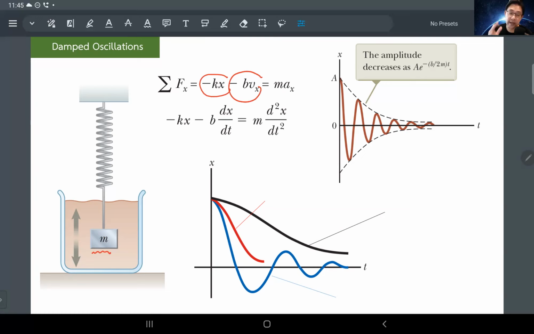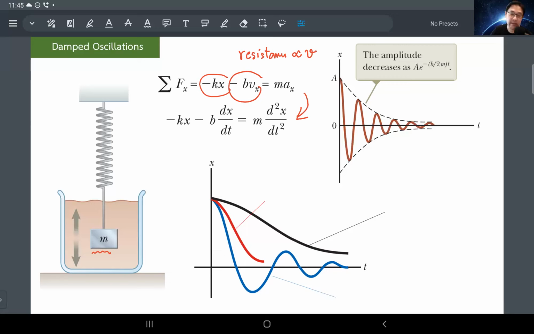And one term that they are pretty much interested in is the resistance that is proportional to the speed or the velocity of the mass. And this makes this equation look complicated. Then you need to know how to solve this one using some calculus.